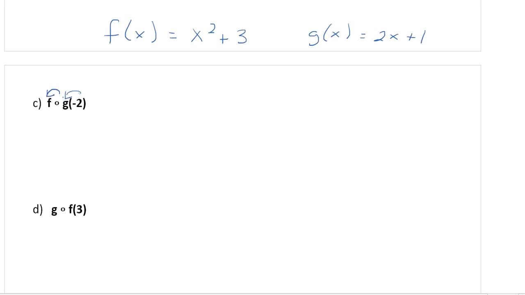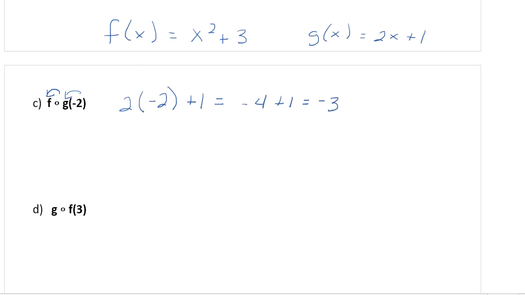So first let's take the negative 2 and put it into the g. And I'm writing it down, but most of you will be able to do this with mental math. So negative 2 times 2 is negative 4, and negative 4 plus 1 is negative 3. So now this becomes the new input.